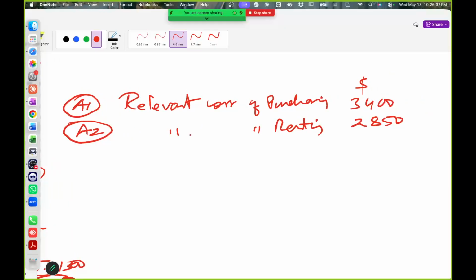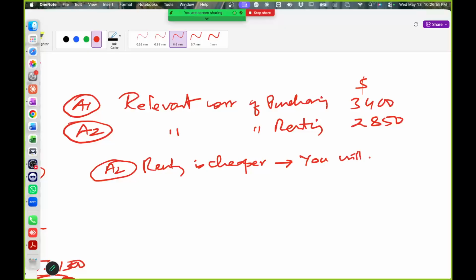So financially, renting, alternative 2, is cheaper, and you will go with it. Yes, I also agree. But this is based on pure financial numbers.